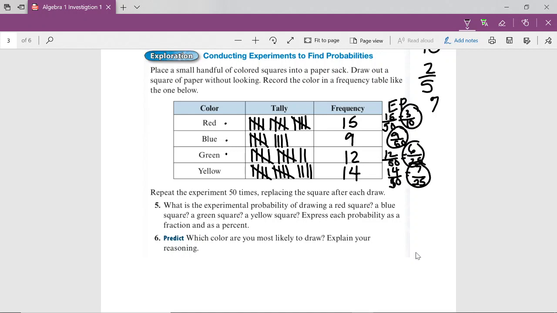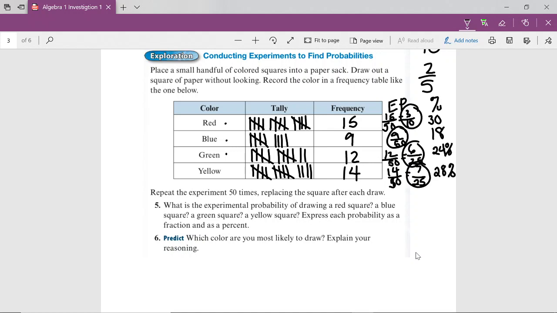And then in percents, I would say, and you can do this a lot of ways, you can get that denominator up to 100 or divide it and then multiply by 100. We get 30%, we get 18%, we get 24%, and we get 28%.